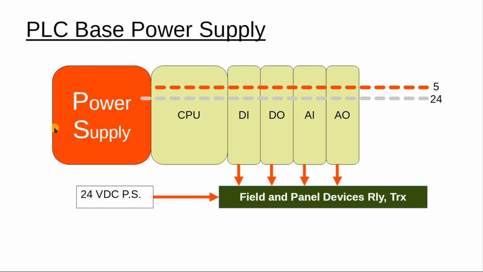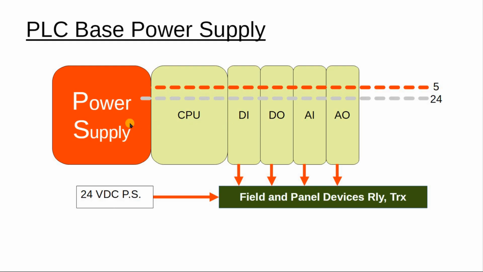You need to calculate the consumption of your whole system to make sure that the power supply is adequate for this service. Most of the PLCs, the power supply will provide 5 volt. Very few will provide 24 volt as well.